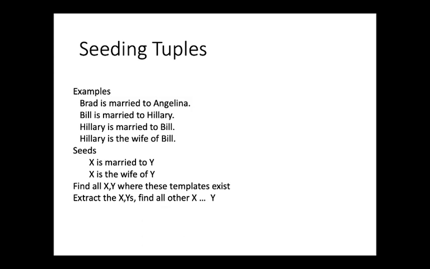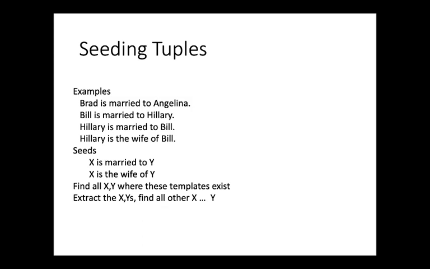So if you have Brad is married to Angelina, Bill is married to Hillary, Hillary is married to Bill, Hillary is the wife of Bill, what tuples would we have there that correspond to the married relation? Ordered, yeah. Well, no, it's unordered in this case, actually.